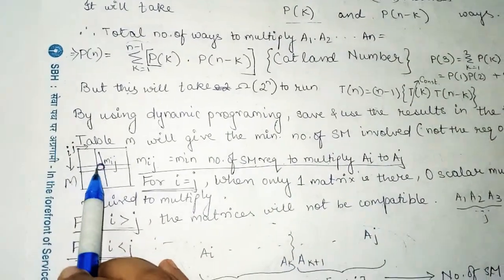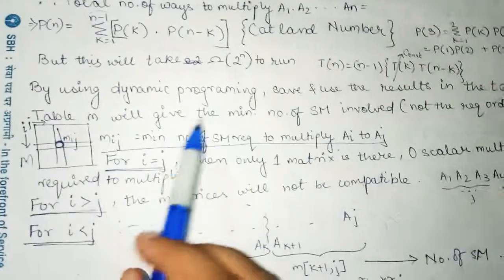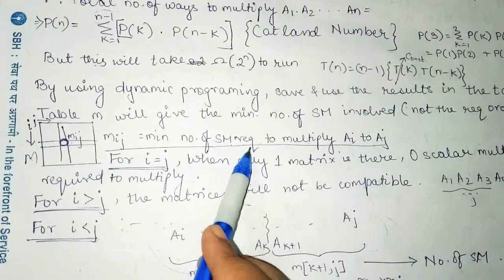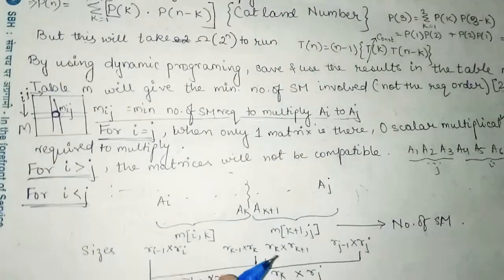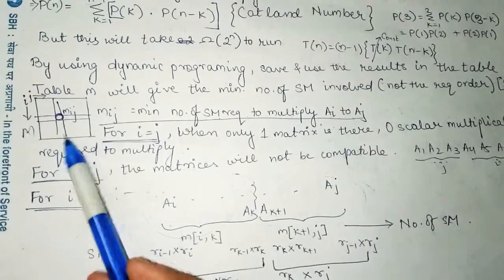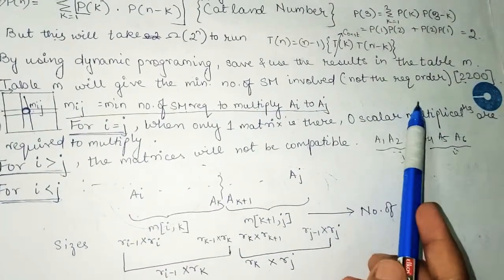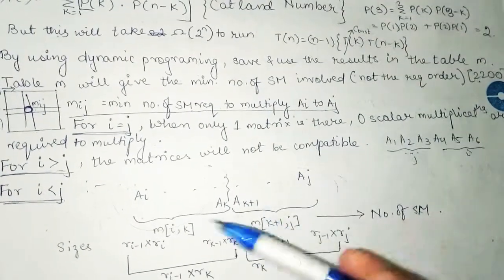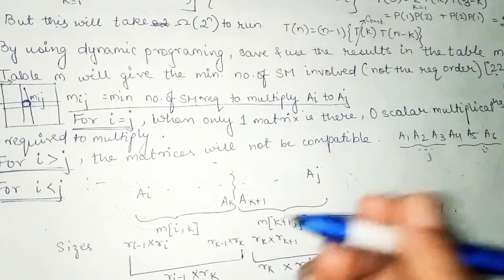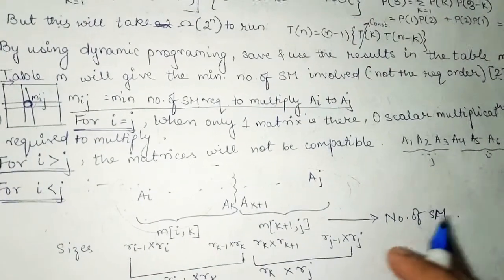Whatever number is there in the grid corresponding to the ordered pair (30, 50) will be the minimum number of scalar multiplications required to do the matrix chain multiplication from A30 to A50. And this table M will not give the required order, that is in which parenthesis or in which order I shall multiply from A30 to A50 to get the minimum number of steps. That we won't get here.